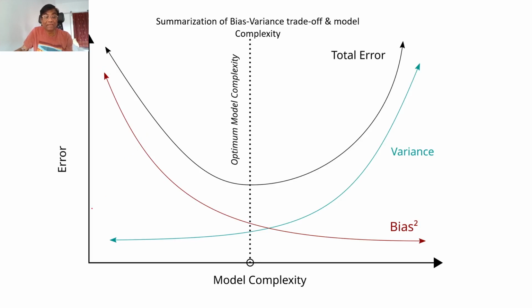On the other hand, when variance is increasing, there also the error will increase and the model complexity will increase. Here, with this variance, model complexity is simple. In this zone, it is simple, but the total error will be large. So what we need to do is optimally make my model complex so that the error is in this zone, neither here nor here.